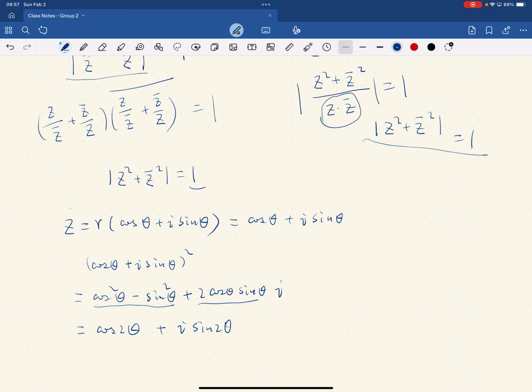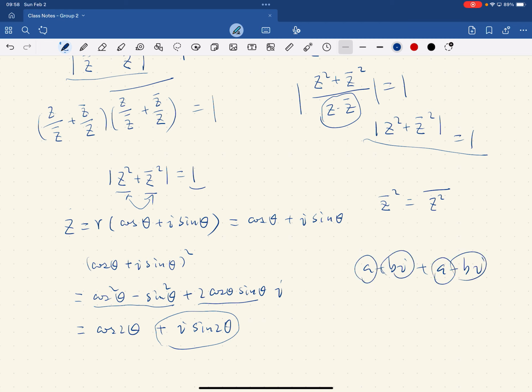Okay, so this is z squared. Well, on that side, we have z bar squared. As we know, z bar squared is just the conjugate of z squared, so they're conjugates of each other. So if they're conjugates of each other, then the imaginary part is gone. This plus that, this part is gone, so you're left with 2 times the real part.